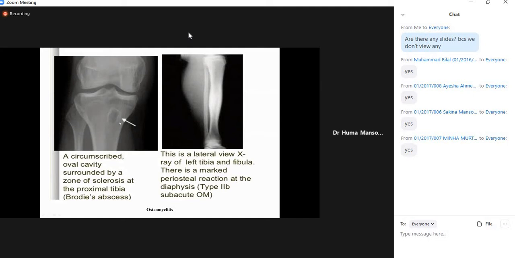So this is the reactive bone, and this is the Brodie's abscess, and it's usually intraosseous and present in the tibia. So you can see the Brodie's abscess over here, and you can see there is periosteal edema and periosteal reaction at the diaphysis. This is the lateral view. So you can see these edematous changes in the periosteum.